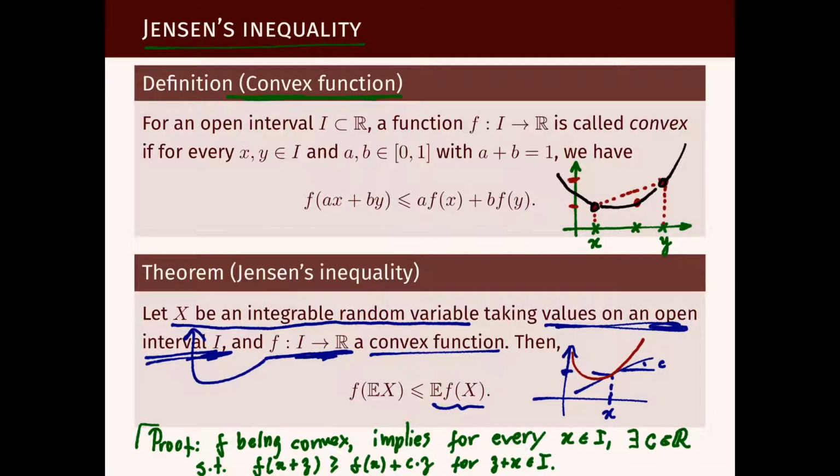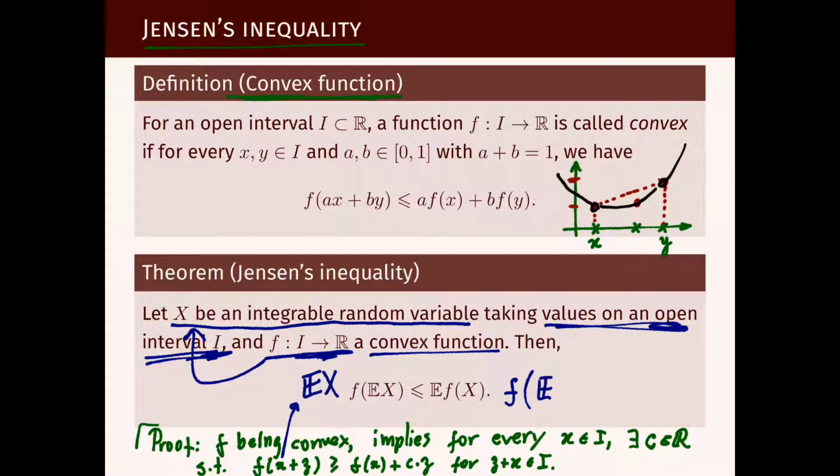And now, to prove Jensen's inequality, we just need to apply this property of convex functions to a point x. Here, instead of x, we can put the expectation of the random variable X, and this will become f of the expectation of X plus whatever number z is, at least f of the expectation of X plus a constant times that number.